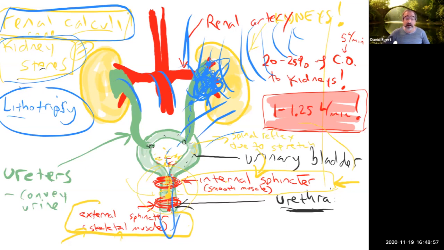So it's a way of trying to get rid of the kidney stones without actually cutting you open, just by using these sound waves. That's why they call it shockwave lithotripsy. Using the sound waves to shatter the stones and making them into small enough pieces that you can pass.